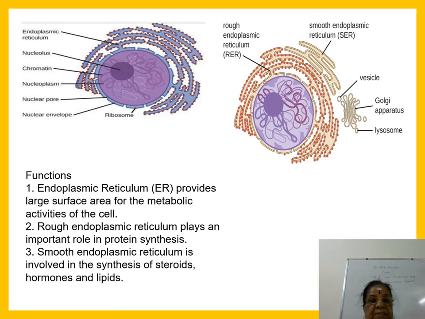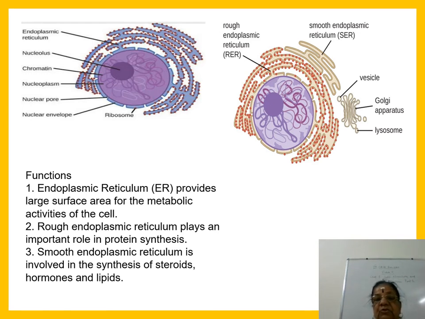Rough ER plays important role in protein synthesis, and smooth ER is involved in synthesis of steroids, hormones and lipids. I hope you understand. So this is the function of endoplasmic reticulum. Now in the slide, in the presentation, pass through and note down the functions. It is not in our book. We are supposed to learn these answers.